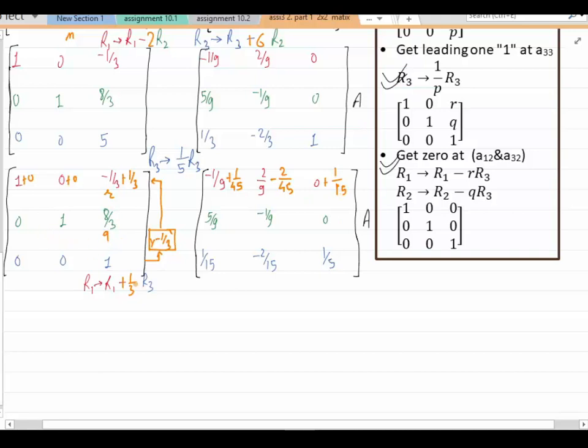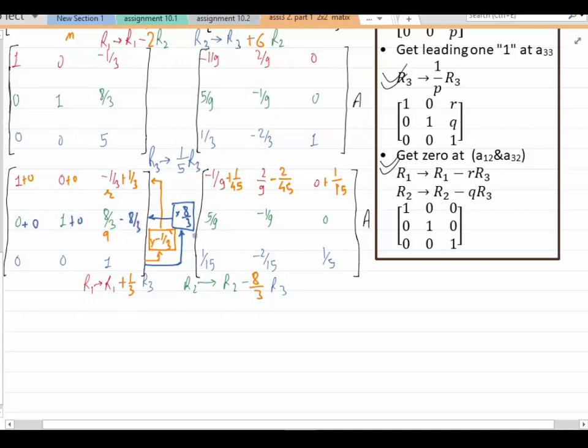Okay, now it's time for the second operation, which is R2 gives R2 minus Q, which is 8 by 3 R3, right? So here we have to multiply the third row by 8 by 3 and add to the second row. So it will give us plus 0 minus 8 by 3.